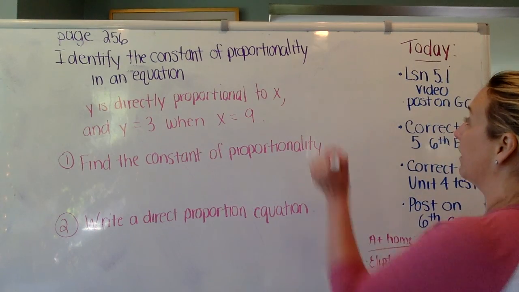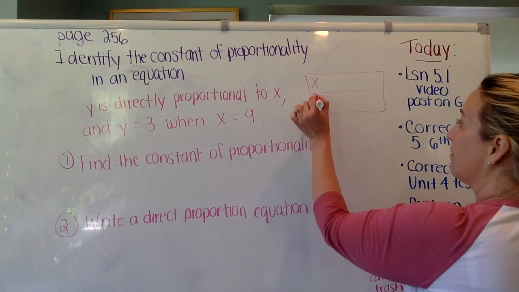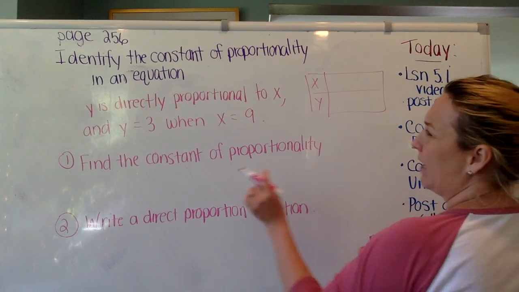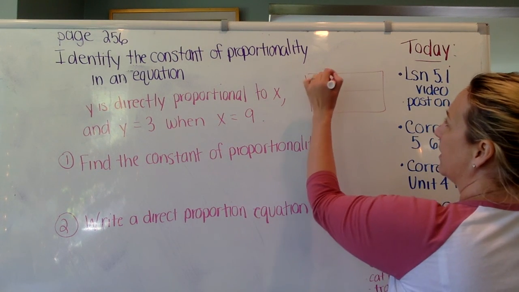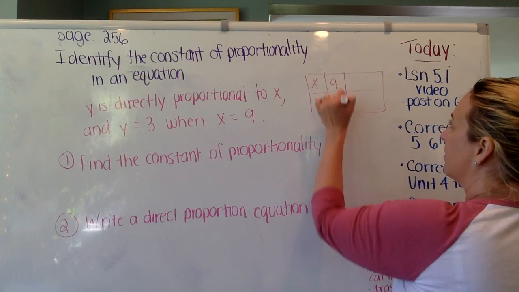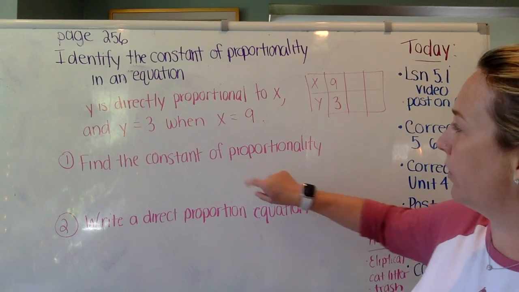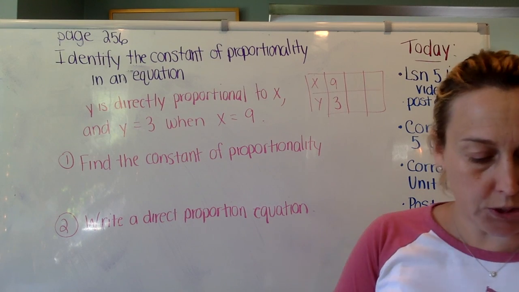So if we had that kind of little table here, we would show x and y, and it's saying x is 9 when y is 3. So find the constant of proportionality.